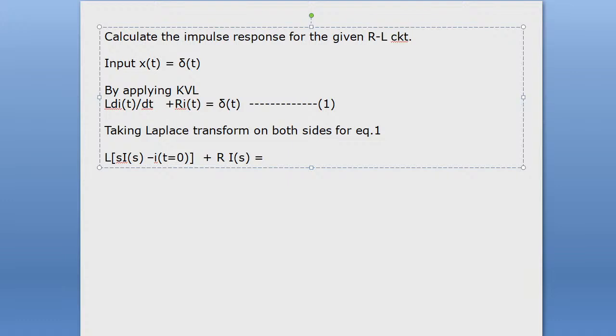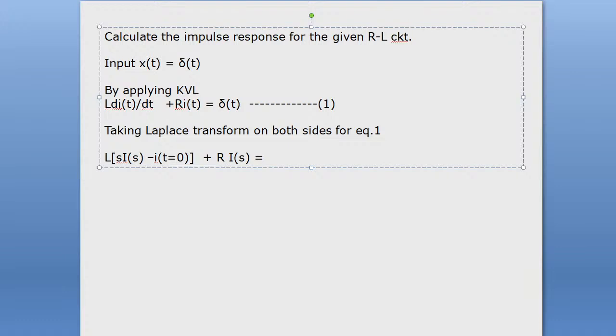Now, you tell me what is the Laplace transform of an impulse function? Anyone tell me what is the Laplace transform of an impulse function or delta function?